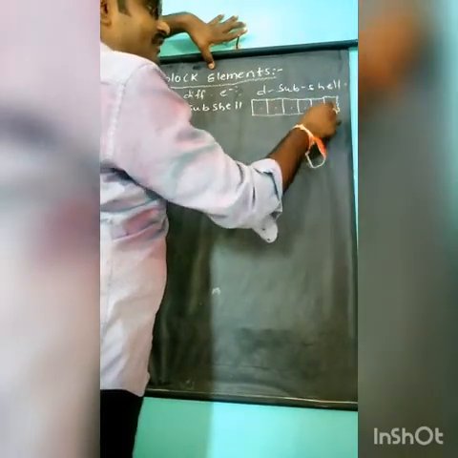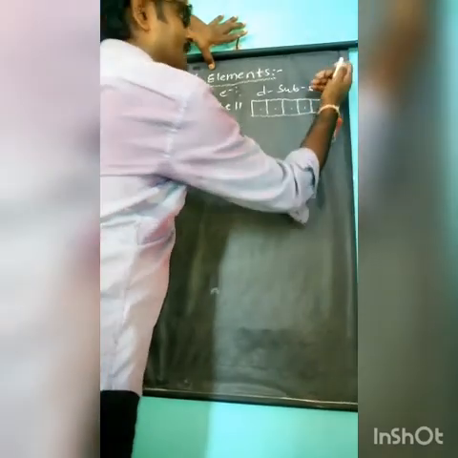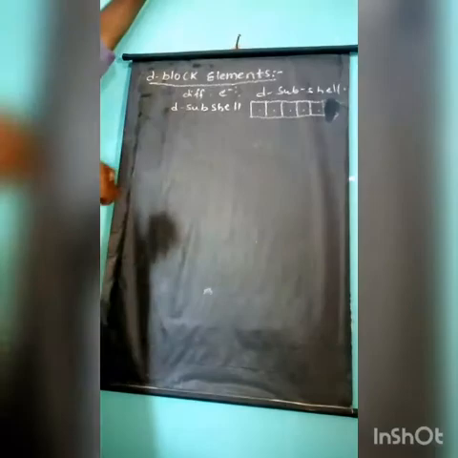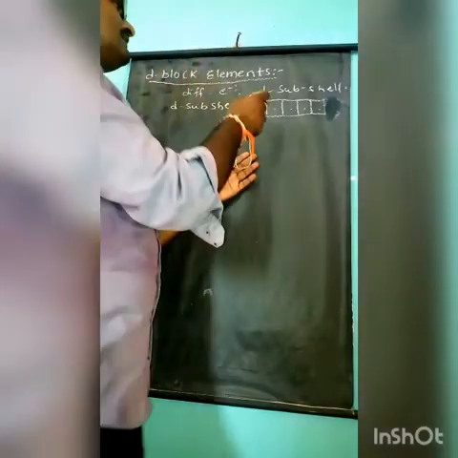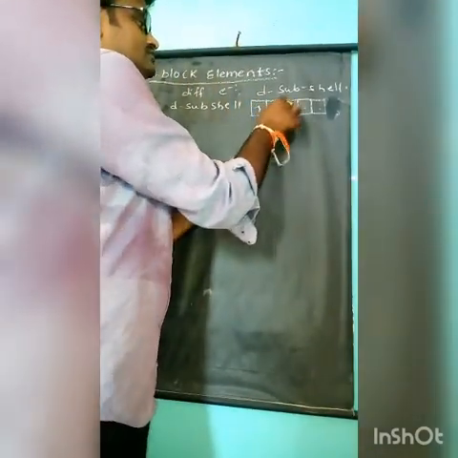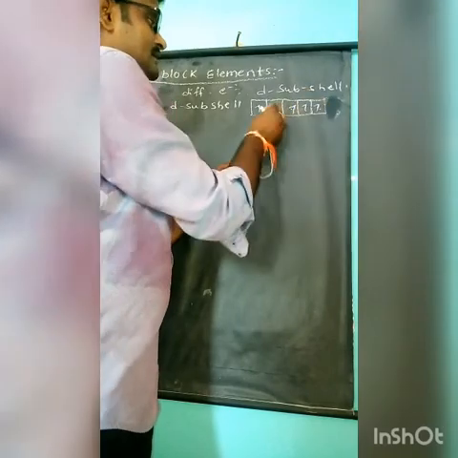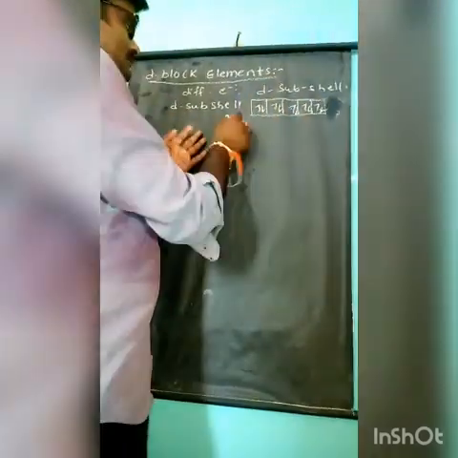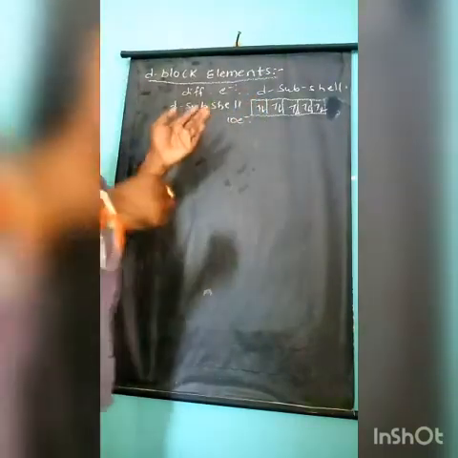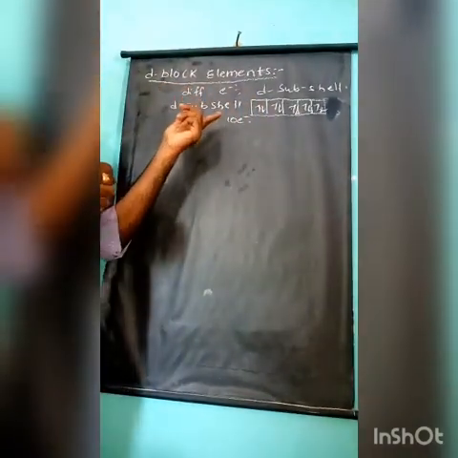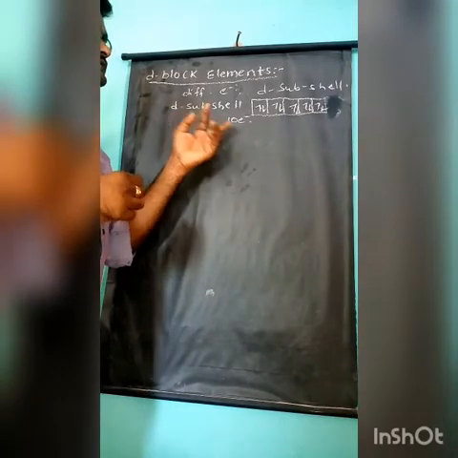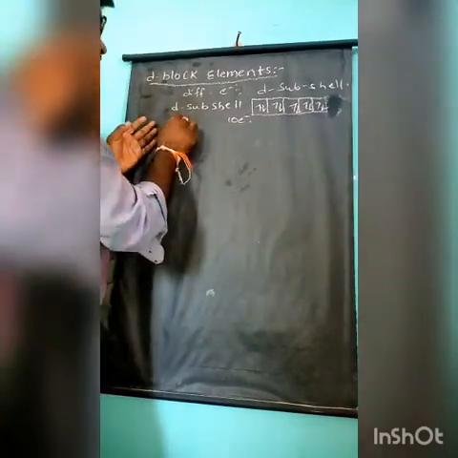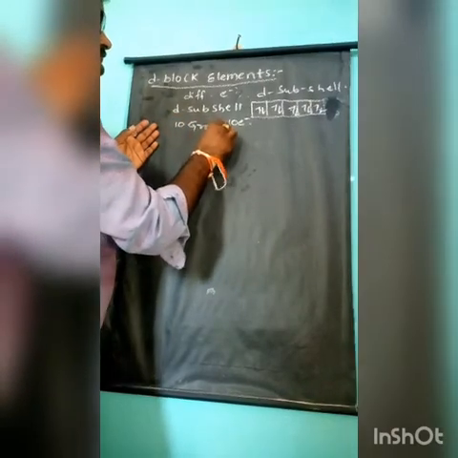Each orbital can accommodate 2 electrons, so that's 10 electrons. The differentiating electrons, 10 in number, are accommodated by the d subshell. So that's why a total of 10 groups are there. The d block contains 10 groups.